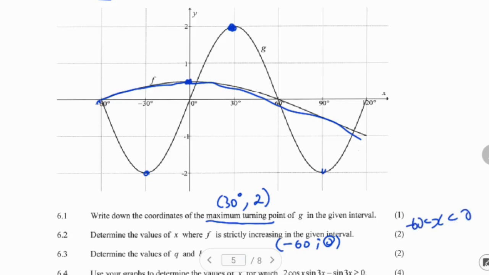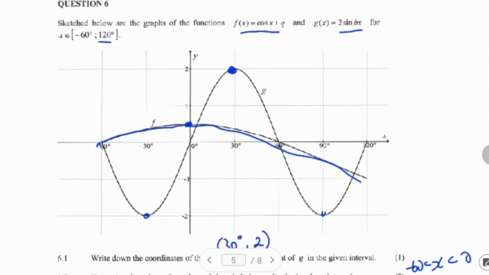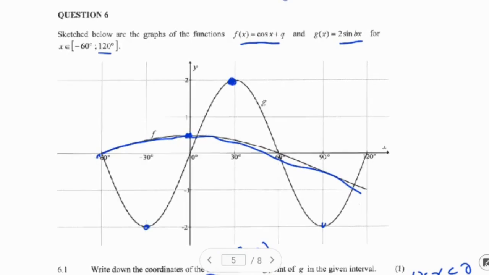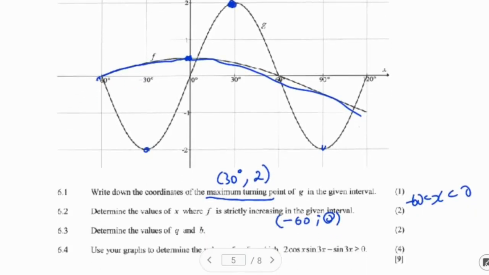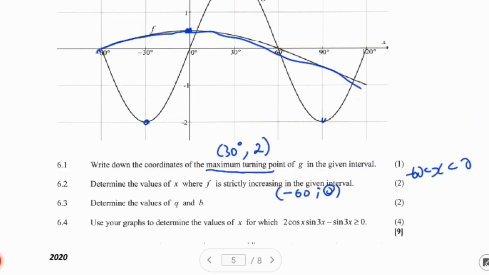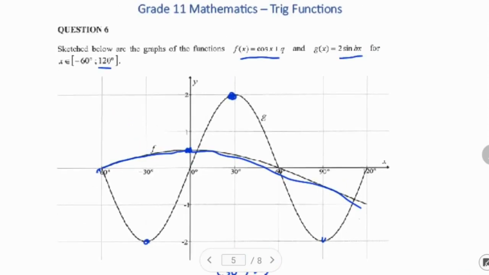Don't use less than or equal to because we need to exclude the endpoints. All right, and then the next question, we need to determine the values of q and b.